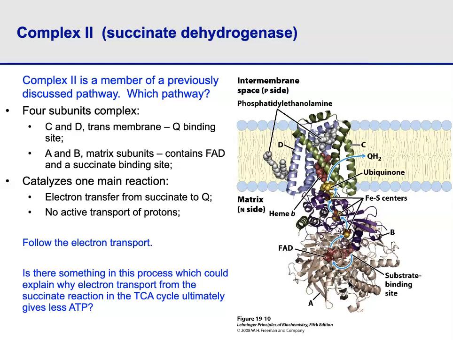And I've mentioned this before, but ultimately the proton gradient generated across the inner mitochondrial membrane will later on be used by ATP synthase to generate ATP.